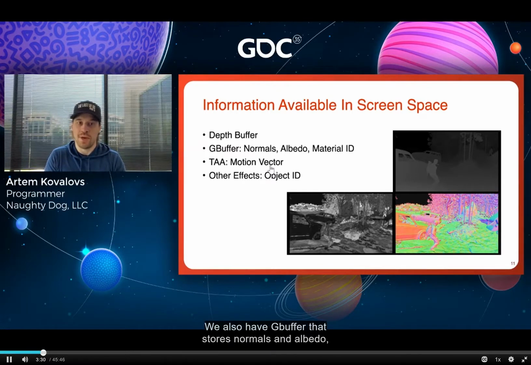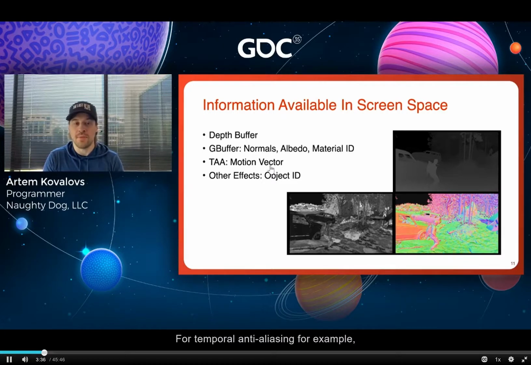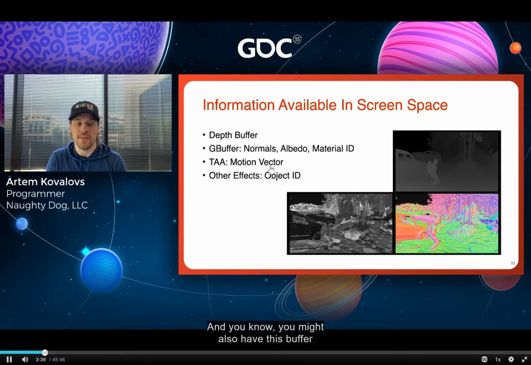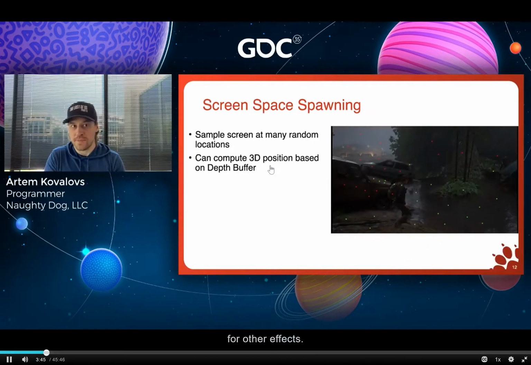We also have the gbuffer that stores normals, albedo, and material ID, based on what your engine does. For temporal anti-aliasing, for example, we have motion vector buffers, and you might also have a buffer called the object ID buffer that we actually have utilized for our other effects.